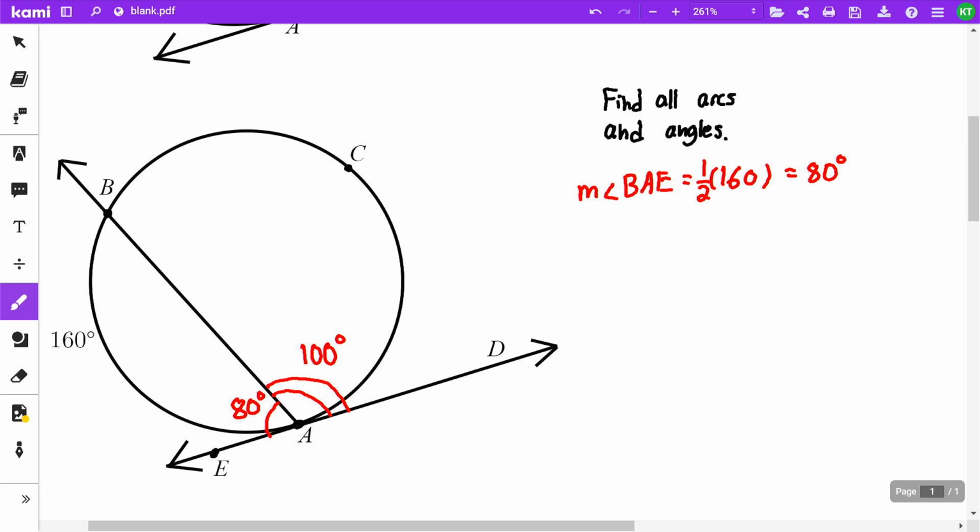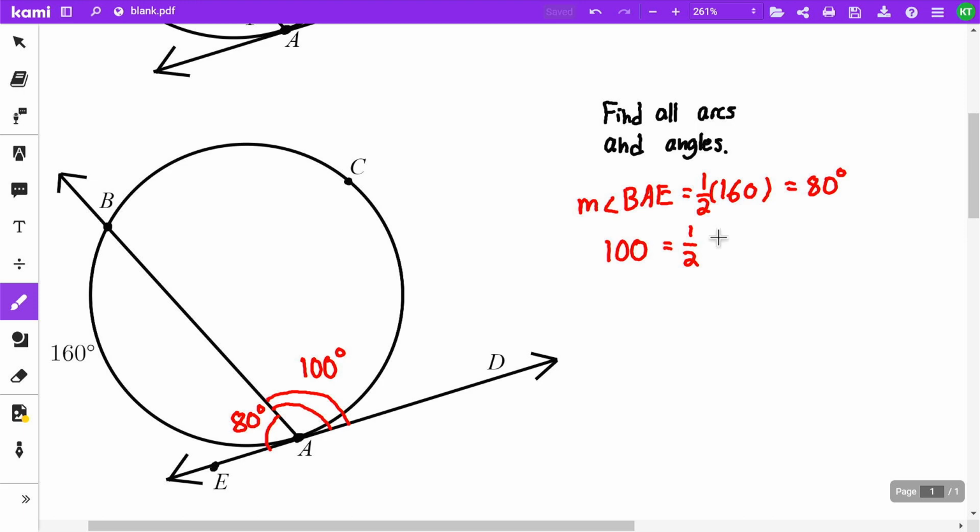We know our angle of 100 degrees is going to be equal to 1/2 of arc BCA, or we can just say the measurement of arc BCA.